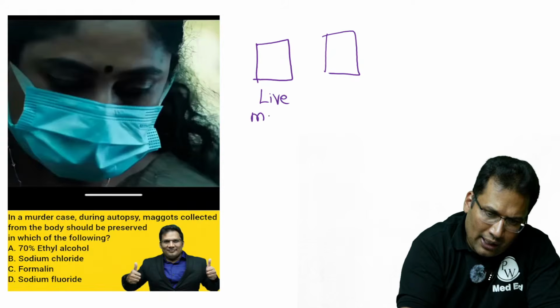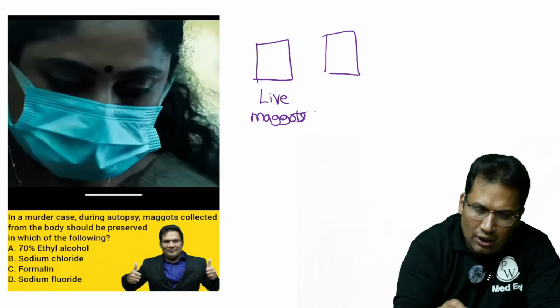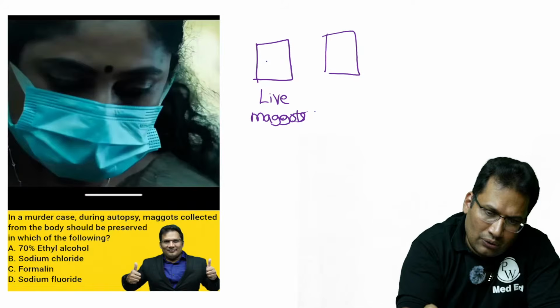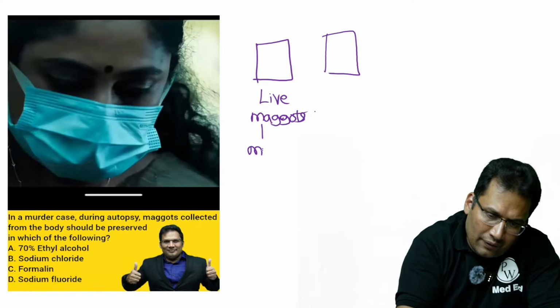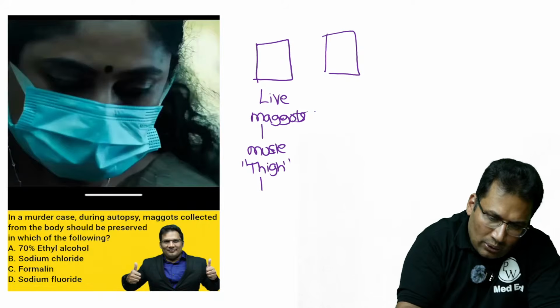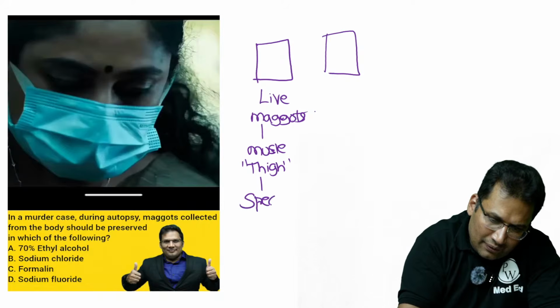Live maggots. Maggots means they are larvae of the adult fly, Musca domestica. So in muscle, especially the muscles of the thigh, to find out the species.